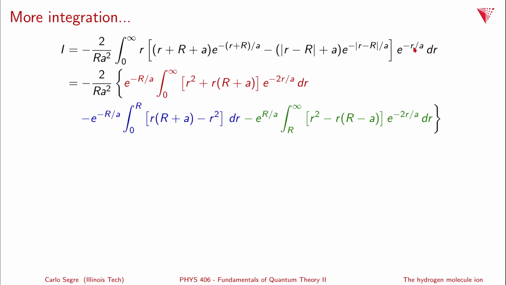And in the other case, the exponentials combine to give you e to the minus 2r over a. And then you have the first term, which is much more straightforward.